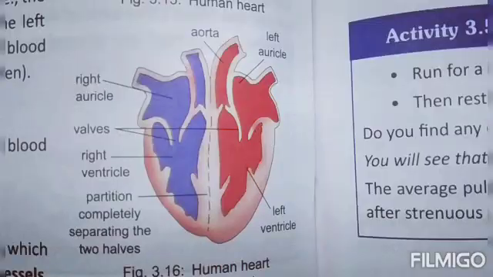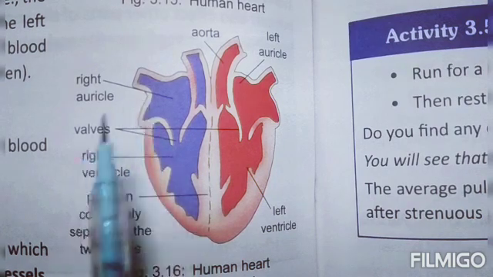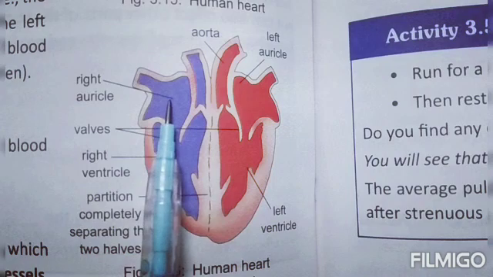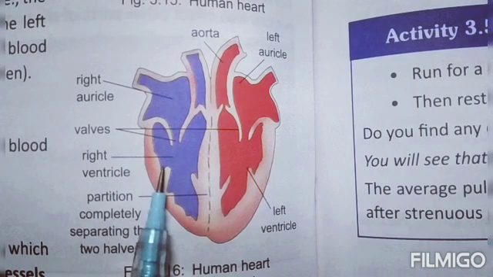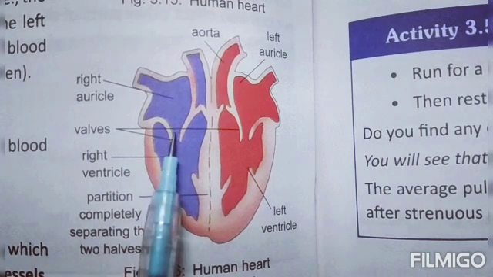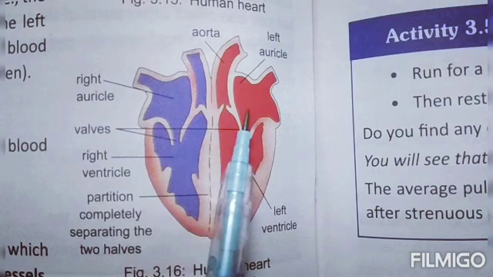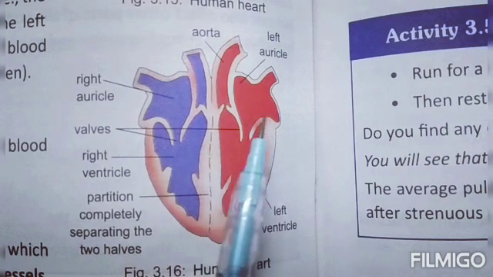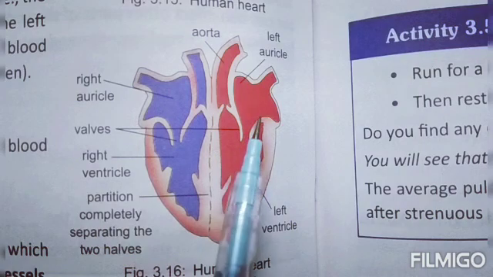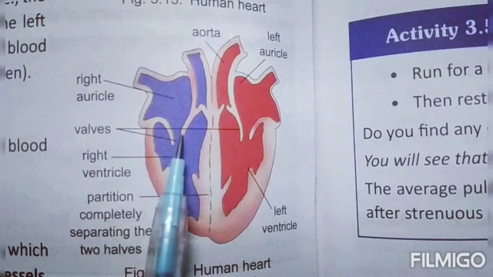Now here, children, you can see a simplified picture of the human heart. Look at it, the right auricle and the right ventricle, and here is the valve in between them. Similarly, the left auricle, the left ventricle, and here is the valve in between them. See, they are opening in one direction only.